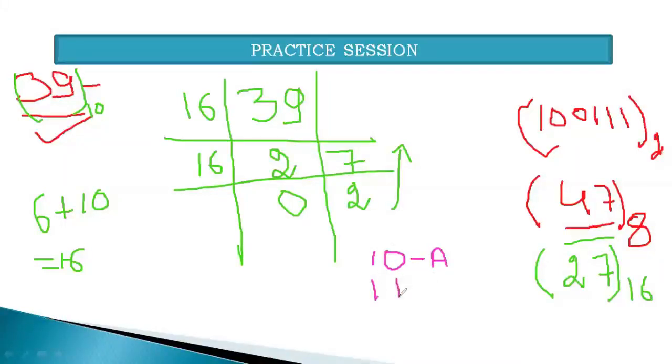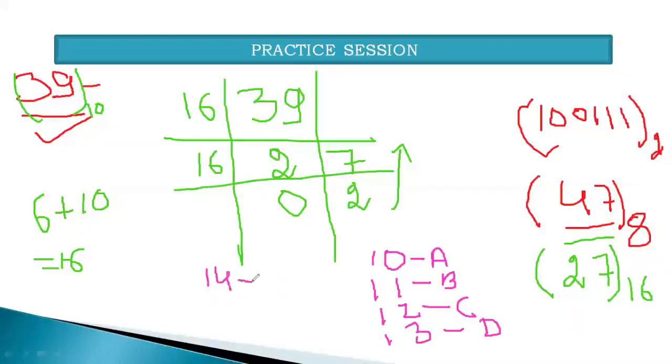Same for 11, it will be B. For 12, it will be C. For 13, it will be D. So this way we can move ahead.